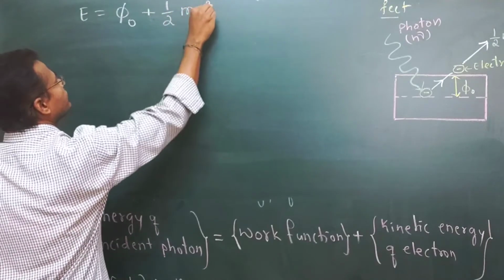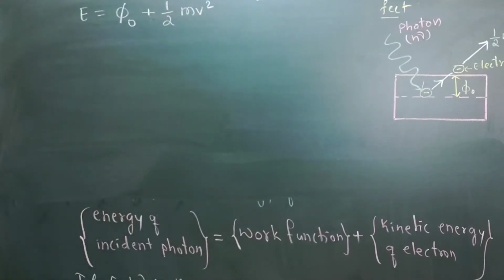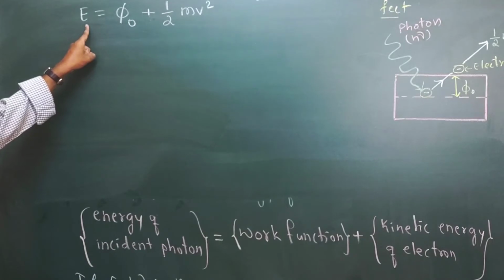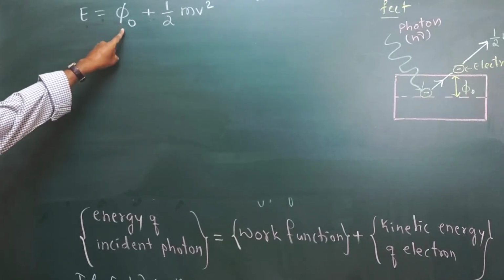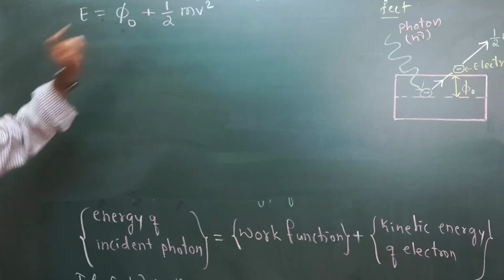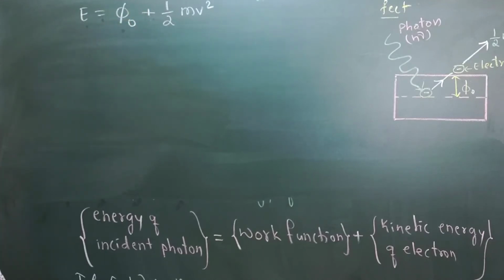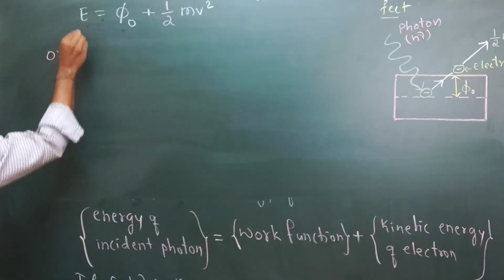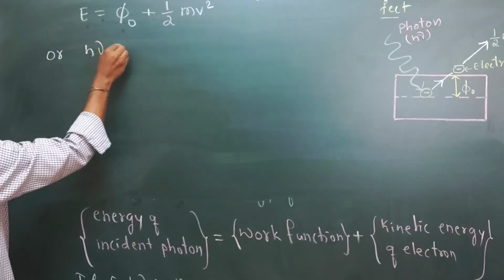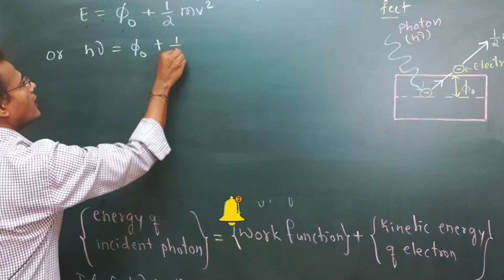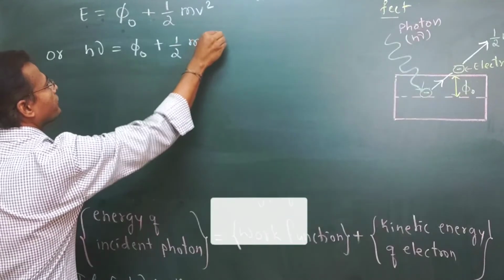Here E is the energy of the incident photon, equal to the work function plus half mv square, which is the kinetic energy. So h nu equals phi naught plus half mv square.